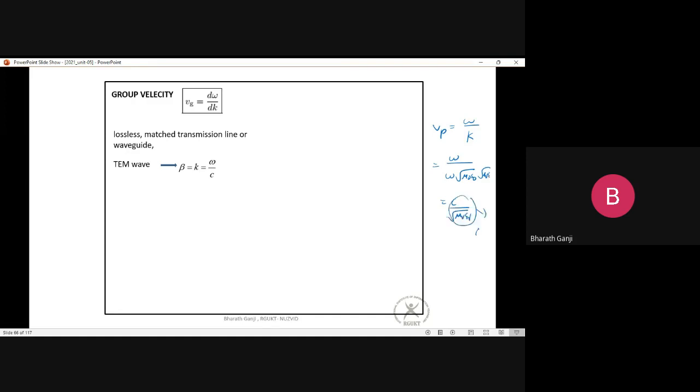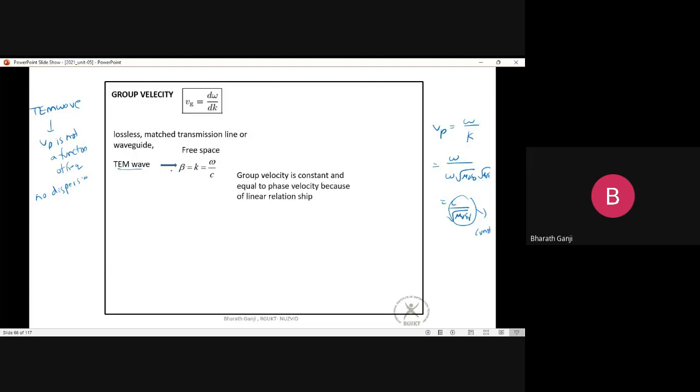So if your wave is a transverse electromagnetic wave, your phase velocity is not a function of frequency, so no dispersion. That means different frequencies do not travel with different velocities, so there is no dispersion.